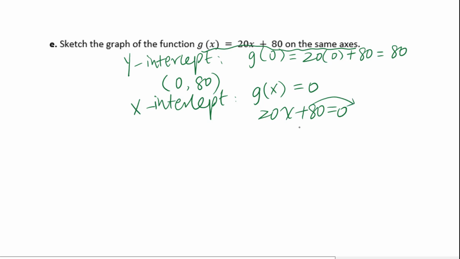20x plus 80 equals 0. Cross the river, change sign. x equals negative 80 over 20 equals negative 4. The x-intercept is negative 4, 0. Let's plot these 2 points and then use a ruler to sketch this linear function.